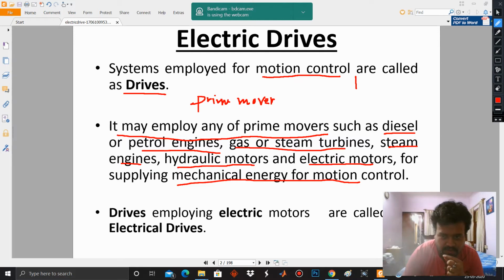Let us draw the schematic diagram of a motor. This is the armature of a motor. Let this be the field and the armature. The armature resistance is Ra and the field resistance is Rf.